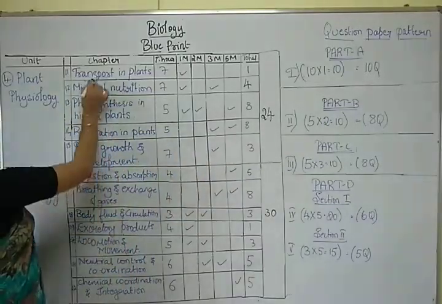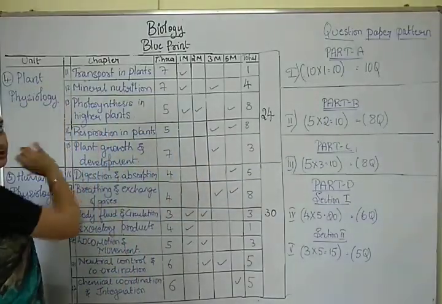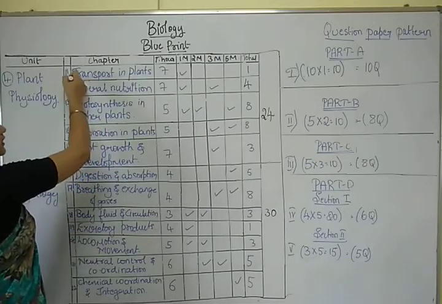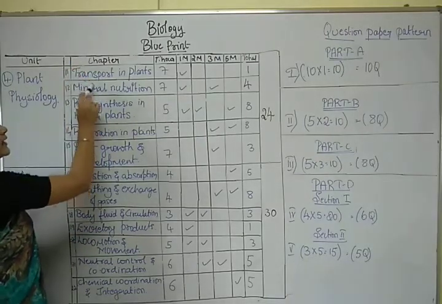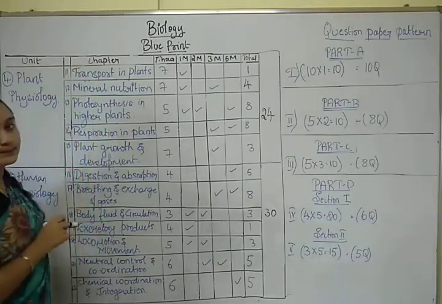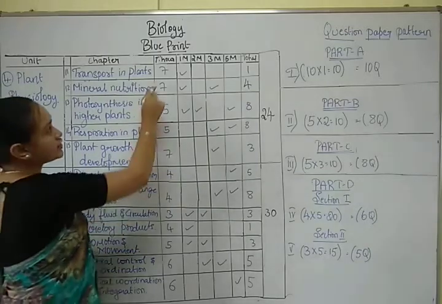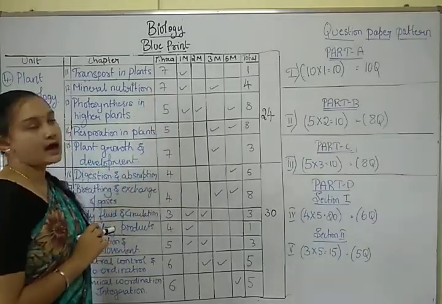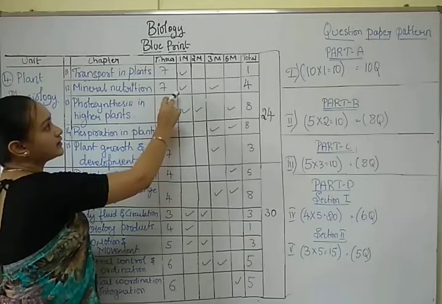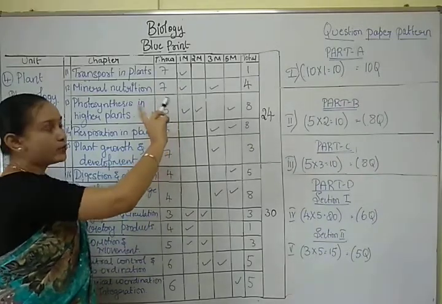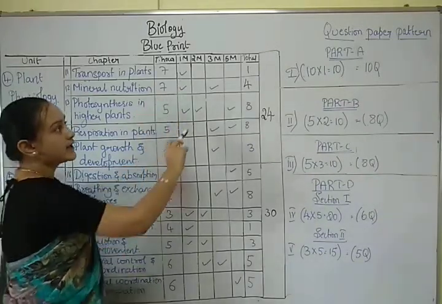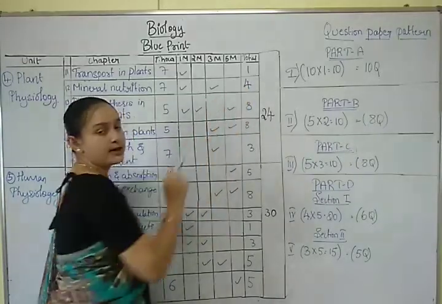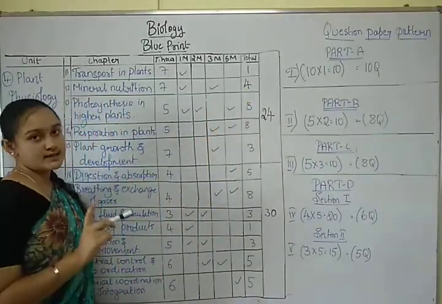The first chapter of plant physiology is the 11th chapter, transport in plants. The number of teaching hours is 7. One question will be asked for 1 mark, so the total marks for this chapter is just 1.